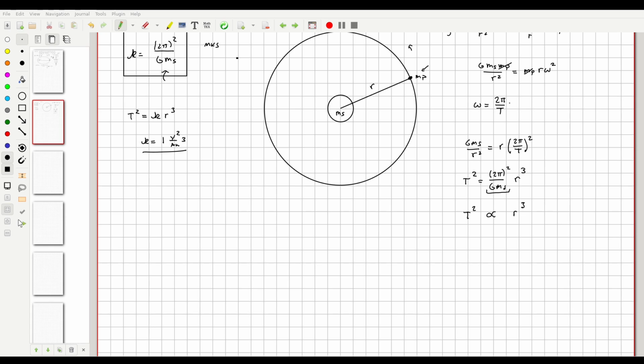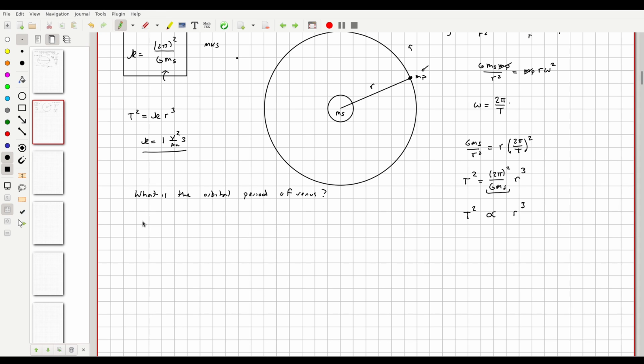All right, here we go. This is better. Okay, so for example, we could ask the question, how long does it take for Venus to go around the sun once? What is the orbital period of Venus?